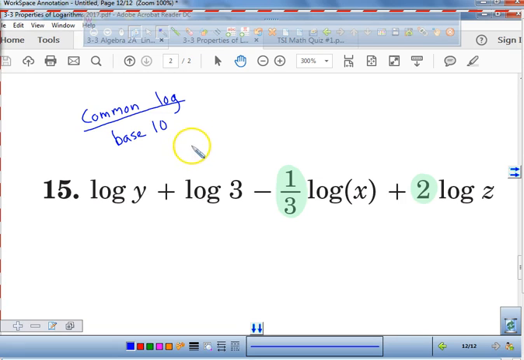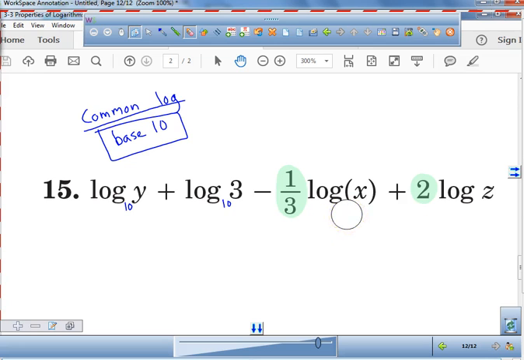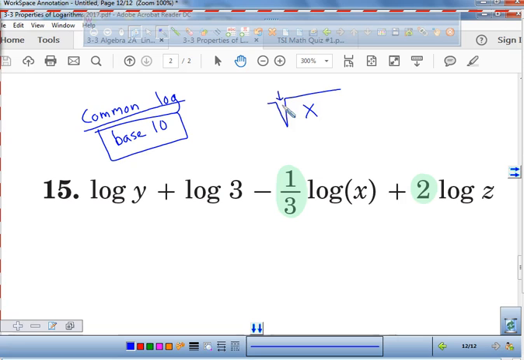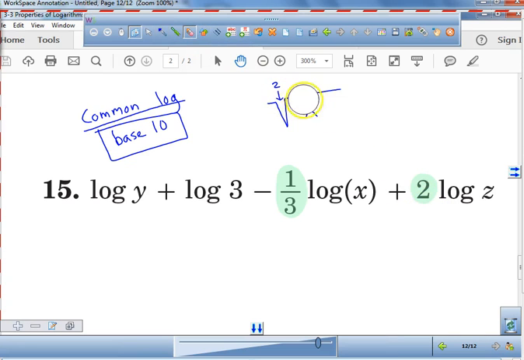So, everybody, if you don't see a number as a base, automatically assume that it says a 10. You don't have to write it in. Just automatically assume that that's a base 10. By the way, if I say the square root of x, what number is our index no matter what? 2, right? We don't have to write it in there. We just know a square root has an index of 2.